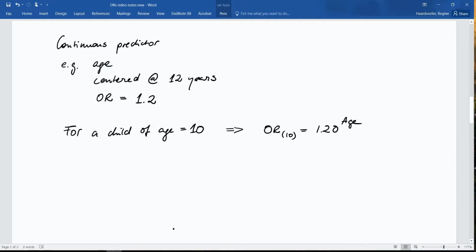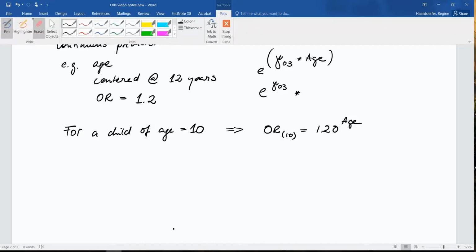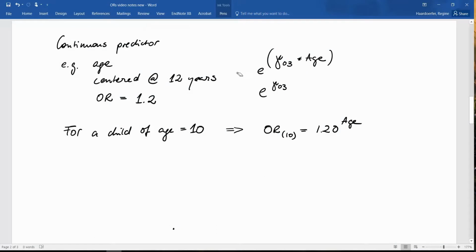So remember we would have the gamma 0.3, in our case, times age, and if we exponentiate this, we will get e to the gamma 0.3 times, hold on, that's wrong. Let me fix that.